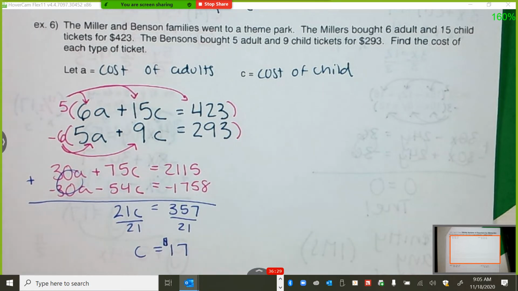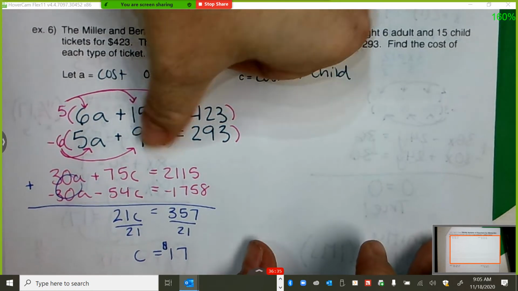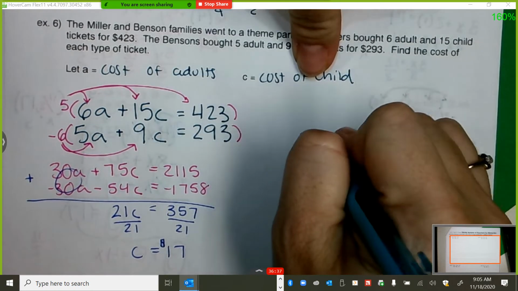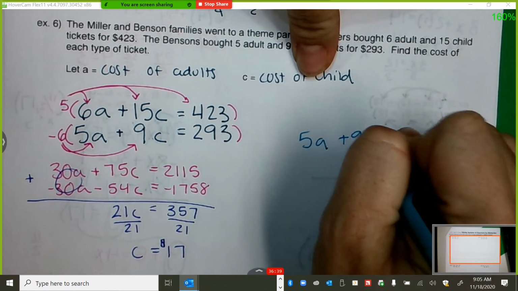Last step. And then I'll quit talking. Plug it in. Does it matter which one? No, I'm going to plug it into the second one. 5A plus 9C equals 293.